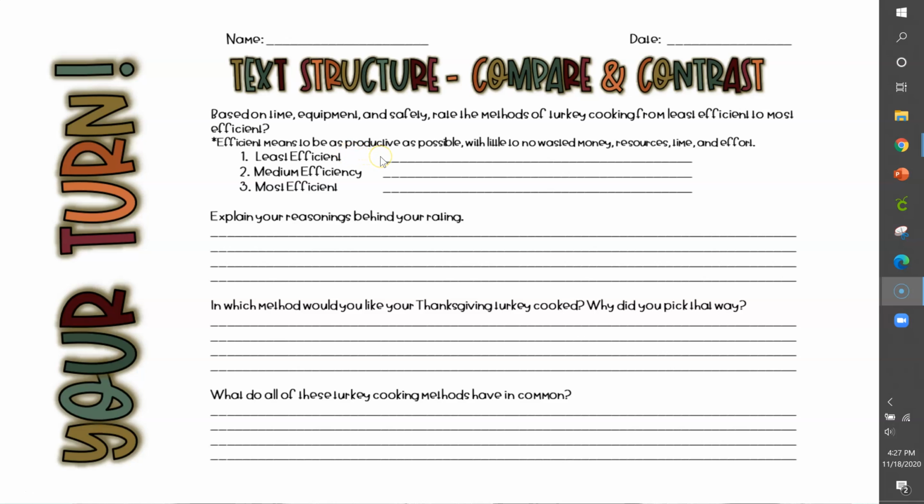So the least efficient way to cook a turkey might take the most time or cost the most money or require an expert level of skills. While the most efficient might be quick, have less ingredients needed or less equipment needed, or doesn't take a lot of skill or effort. Now that I've explained that question, it's time for you guys to show what you know.